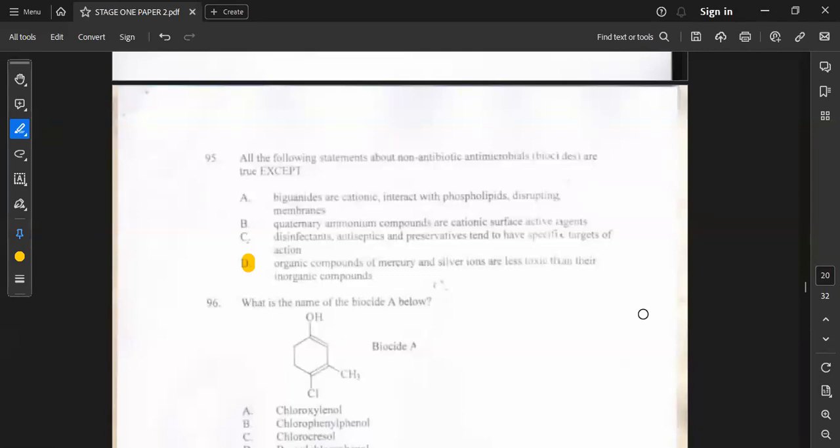ChatGPT is saying chlorhexidine is an antimicrobial biguanide, which is used as an antiseptic and disinfectant. Chlorhexidine, yeah. Nice.